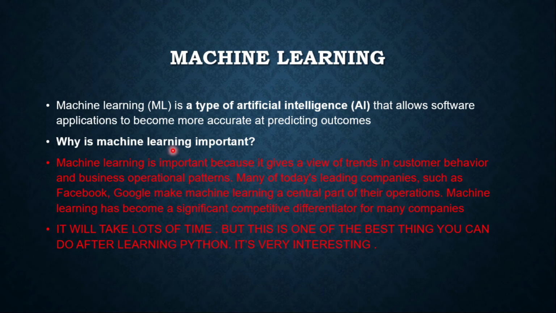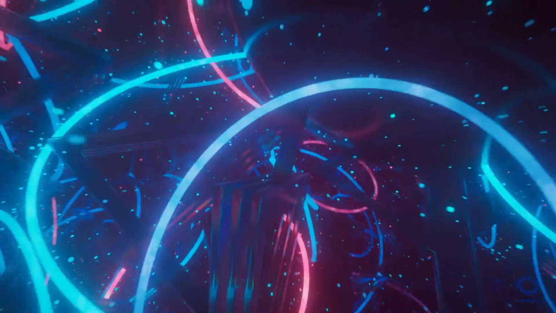Machine learning is important because it gives a view of trends in customer behavior and business operational patterns, and most companies use machine learning at this time, friends. It will take a lot of time to learn, but this is one of the best things you can do after learning Python. And believe me, friends, it's very interesting. If you want to do machine learning, then you can go for it.